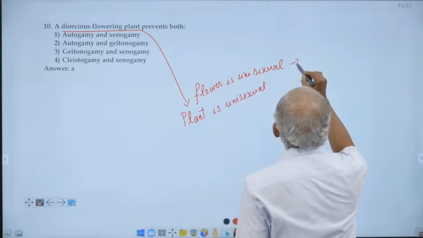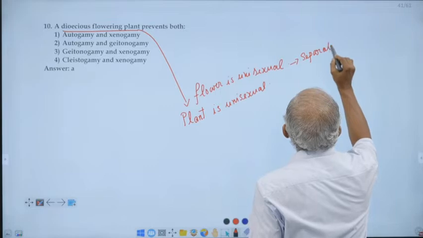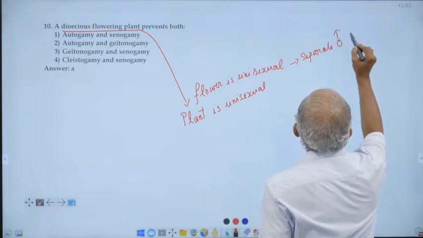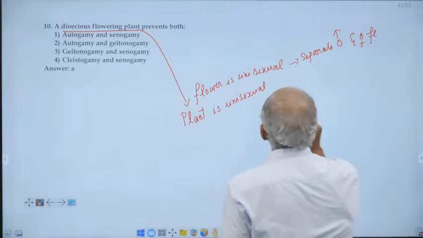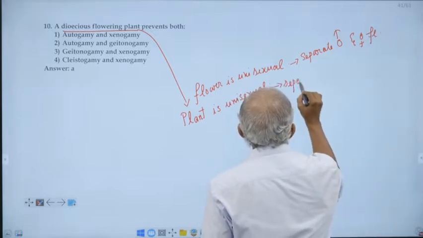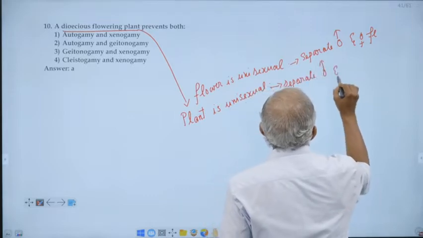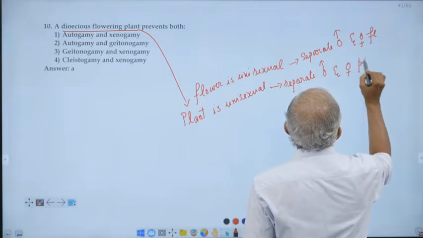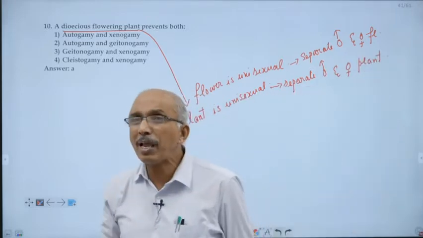Flowers are unisexual means separate male and female flowers. Plant is unisexual means separate male and female plants.